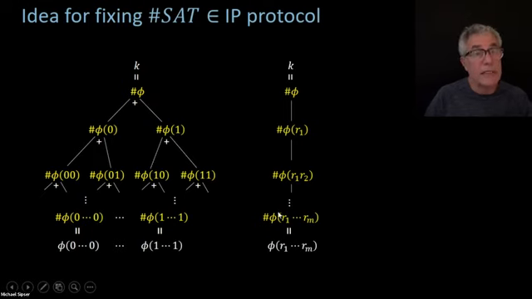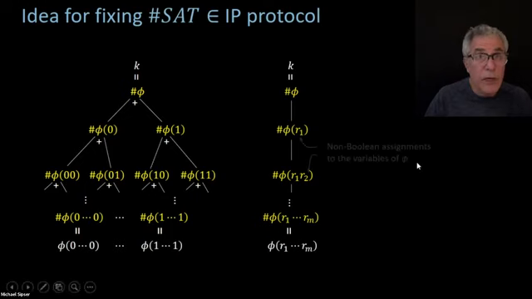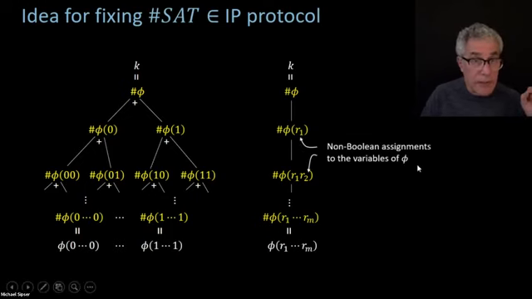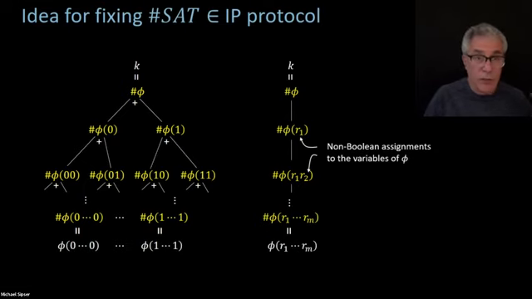But this is what we're going to do. However, the values that we're going to pick for these random inputs are not going to be Boolean values. We're going to pick non-Boolean assignments to the variables, which again, just as with the branching program case, didn't make any sense on the surface of it, we're going to have to make it make sense.